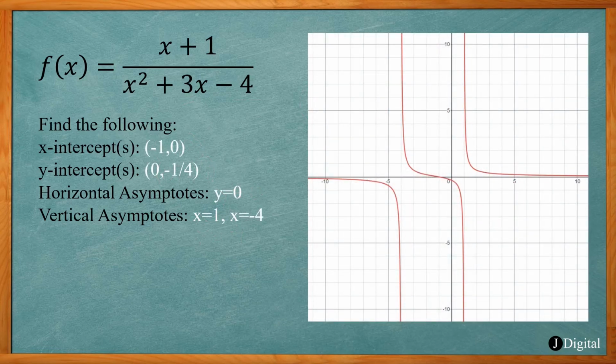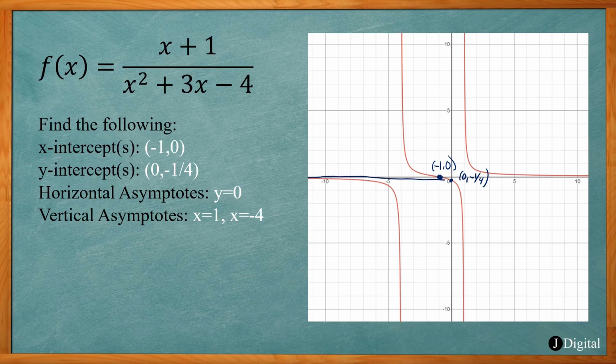So if we look at the graph, our x-intercept is right here at -1, 0. Our y-intercept right here is going to be at 0, -1/4. Horizontal asymptote at y equals 0.